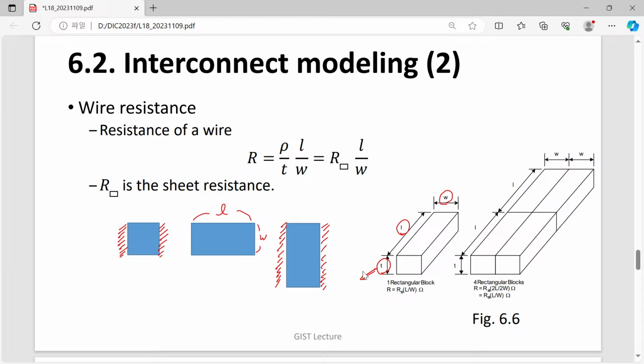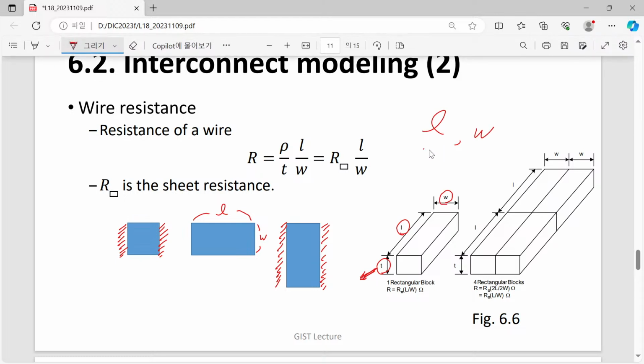So as a designer, you want a quick way to estimate your resistance, not bothered by the technology-involved parameters. Having only length and width, you want to estimate the resistance. This is provided by the sheet resistance. Its idea is quite simple. Let's say this is unit length and this is unit width.